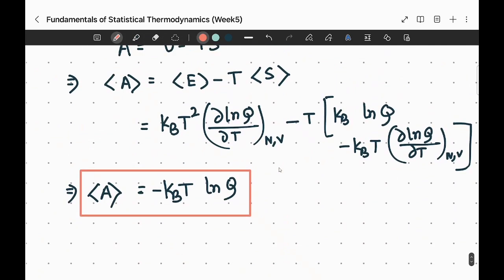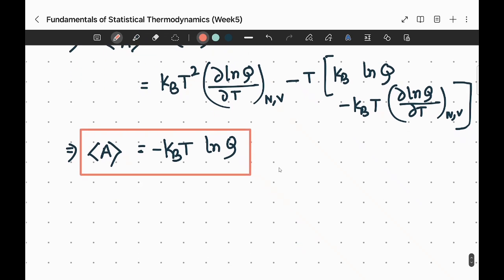Minus KBT is a constant part. Temperature is also constant, meaning when you are considering the canonical ensemble, the temperature is constant, no? That's why NVT for the canonical ensemble. So for the canonical ensemble, N, V, T is constant.